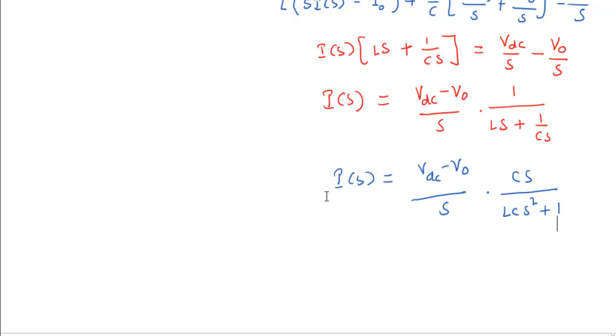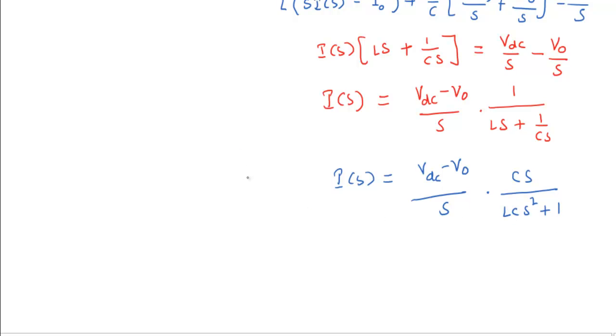But to take the inverse Laplace transform, we require the S squared coefficient to be 1 only, so take LC out. The C gets cancelled and L remains.